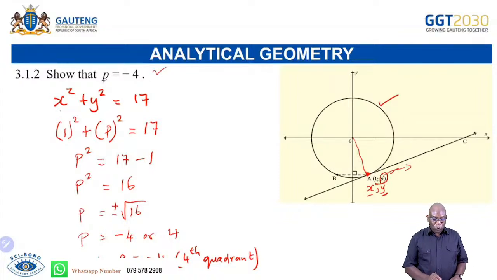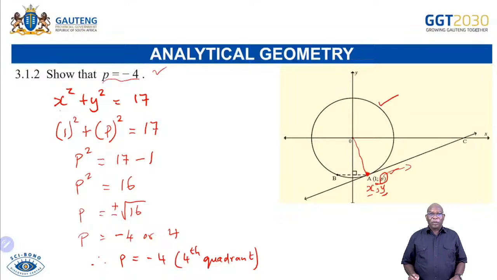So I've shown that P is -4. I didn't use -4. You can't use what you need to show. So if they say prove that P is -4, you must have some steps to show how we get to -4. And this is a challenge to most of the learners, because what you do is you use P equals -4, and then from there you get the left-hand side to be equal to the right-hand side.